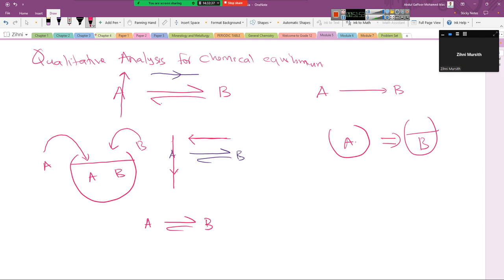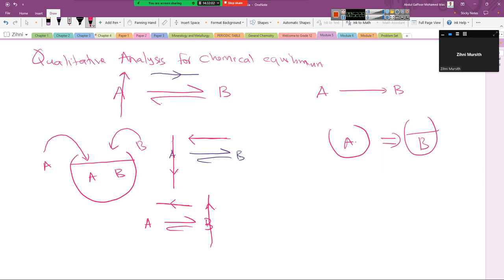So if I increase B, will the equilibrium move in the backward direction or forward direction? In the backward direction. Why? When we externally increase B, the system should reduce B. So this should move in this direction, then only B will convert to A. The balance should be kept. If we increase B, then the amount of A should be increased. Then only it will be in balance.